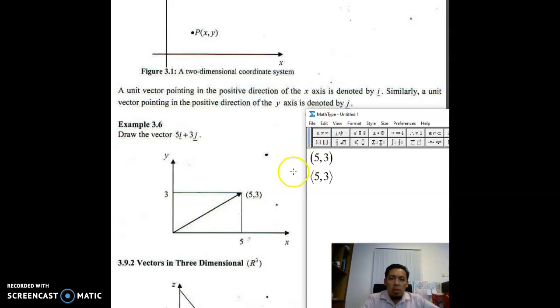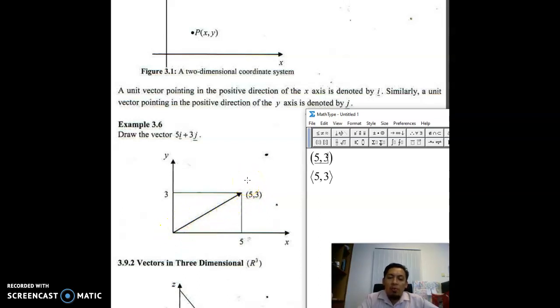No. This is the only location of 5, 3. As for this one, 5, 3 here is not the coordinate. This represents the vector. So this is the coordinate of 5, 3 and this is the vector of 5, 3.